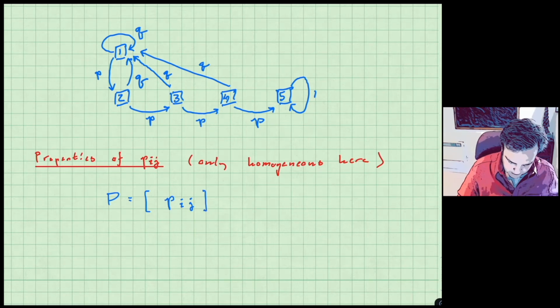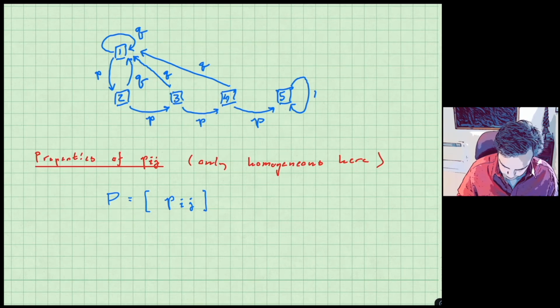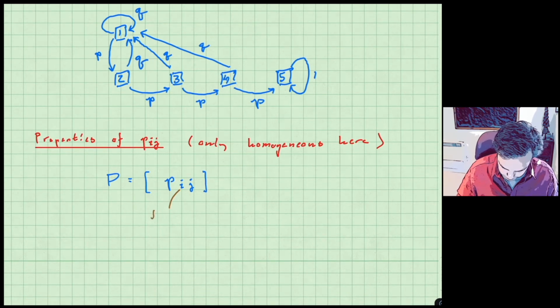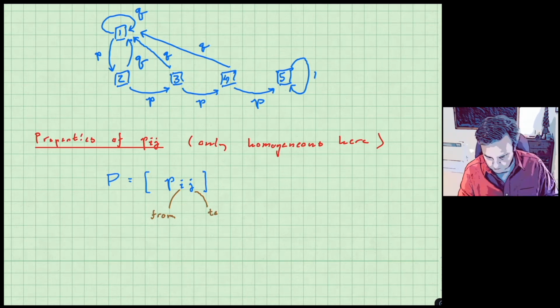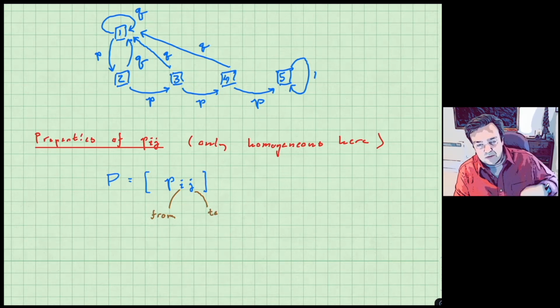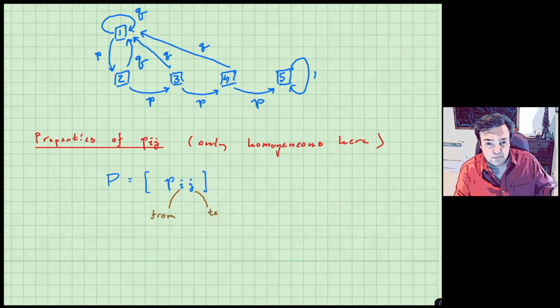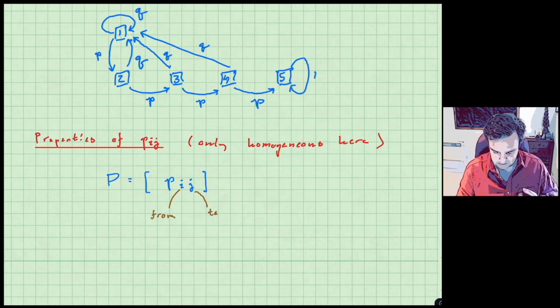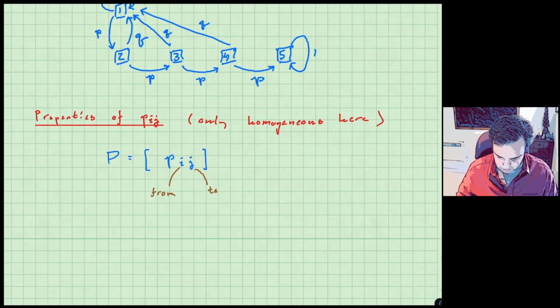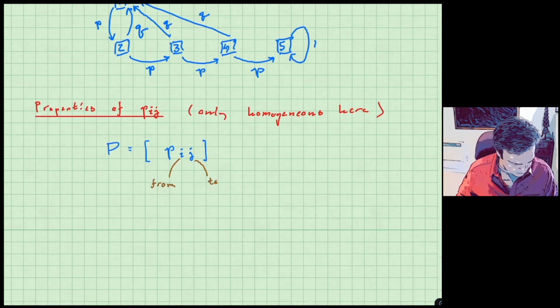The first index is telling where you're going from, the state that you're going from, and this is the state that you're going to, right? So if it was P23, that would mean the probability of going from state 2 to state 3. And the reverse, P32, would be the probability of going from state 3 to state 2.